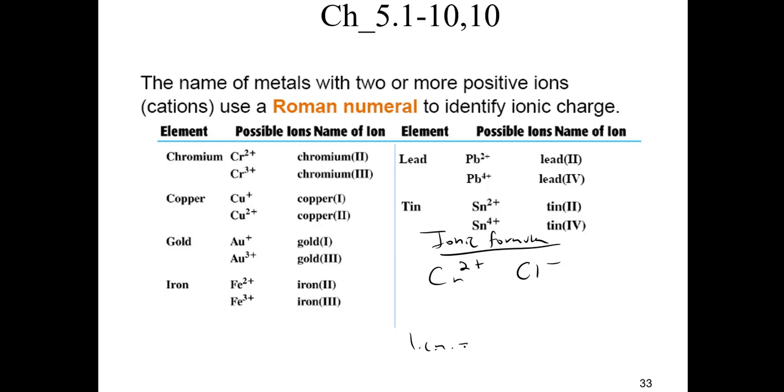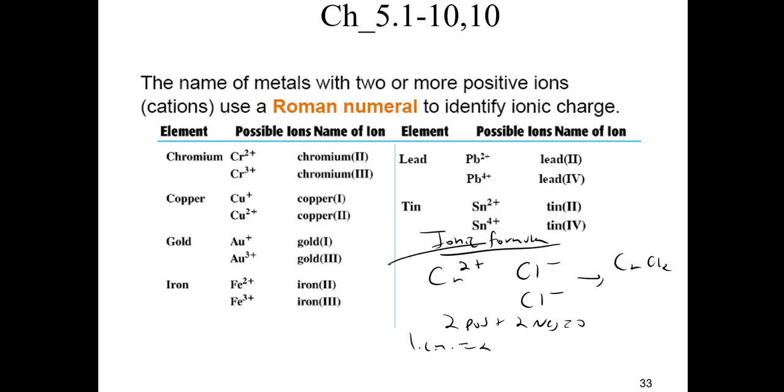Least common multiple is going to be 2. So you just need one of the chromiums, and you need 2 of the chlorides. So there'd be a total of 2 positive, and a total of 2 negative, and that would equal 0, and then you'd have chromium chloride.